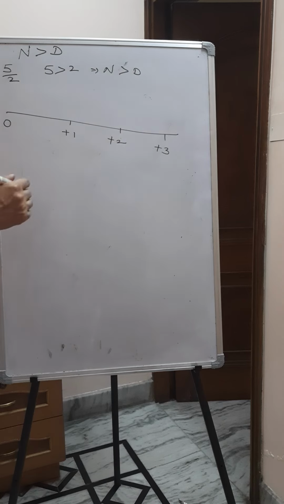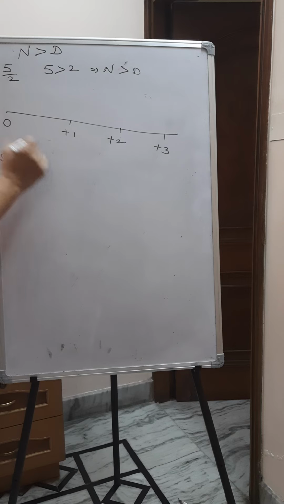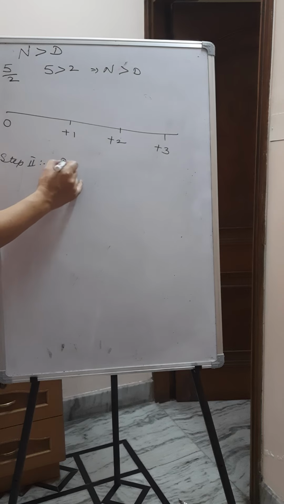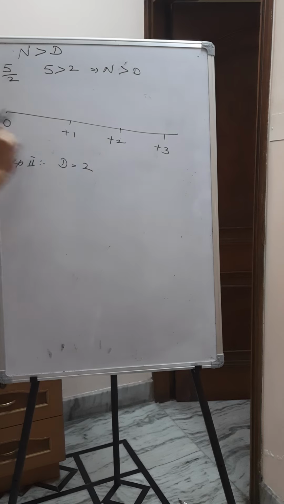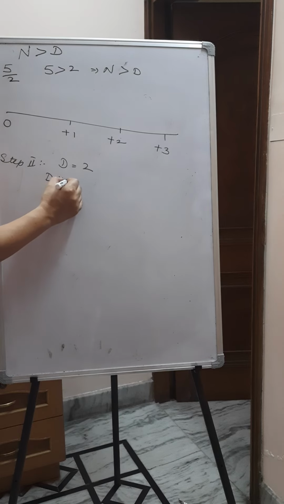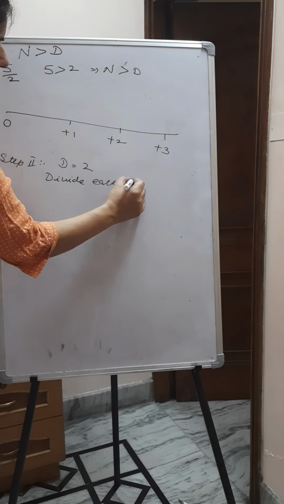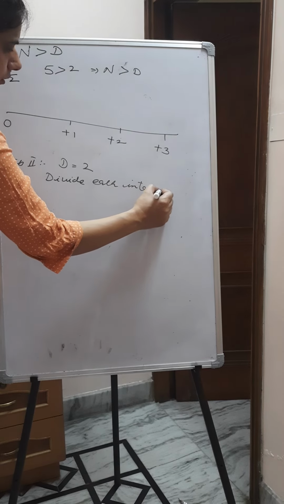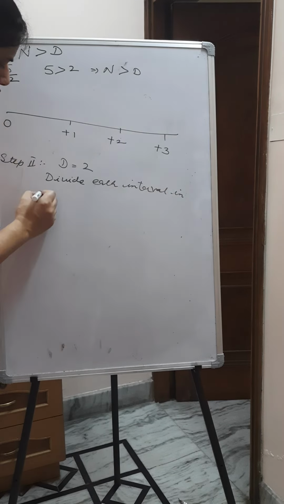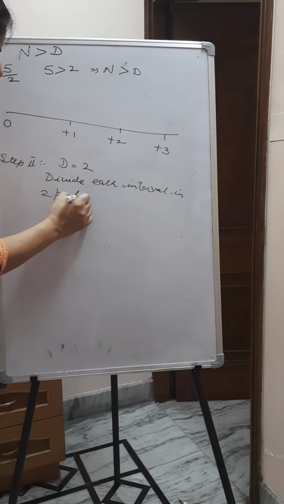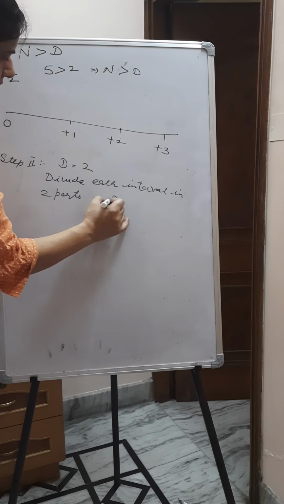Now the second step. Recognize the denominator. Denominator is 2. Divide each interval in 2 parts, as the denominator is 2.